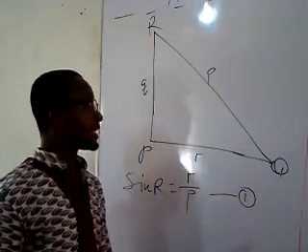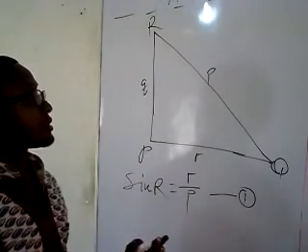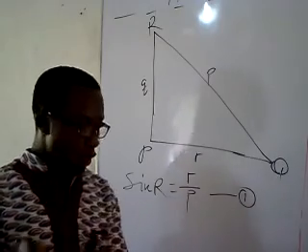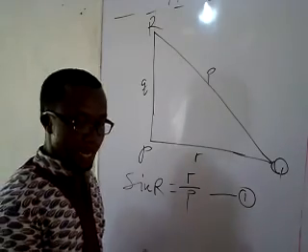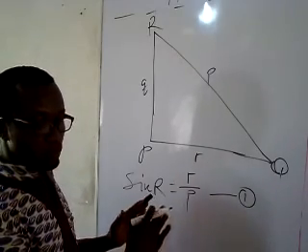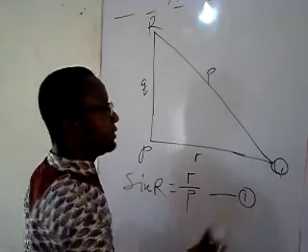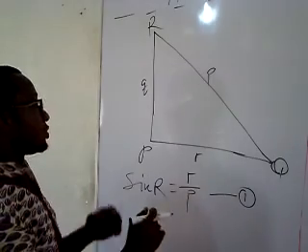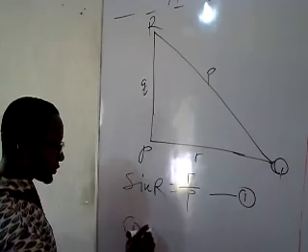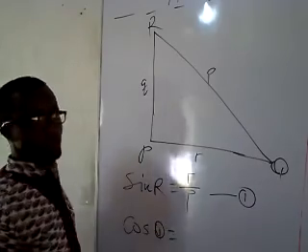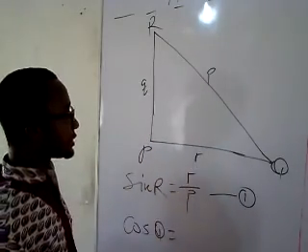I'll write the same thing for cos, because we said that in complementary angles, sine and cos always add up to 90 degrees. And so I will take an angle for cos at Q. So if I take Q as my cos, I have cos Q, which is equal to, now we have this side as opposite.